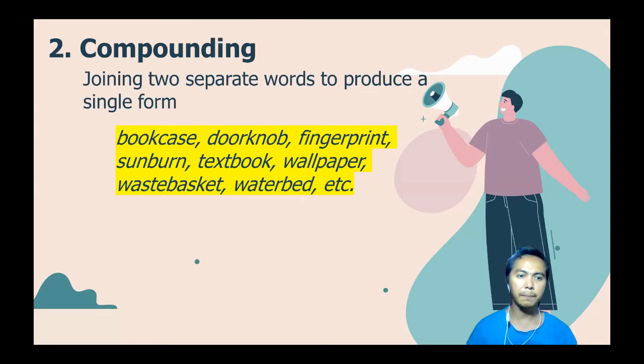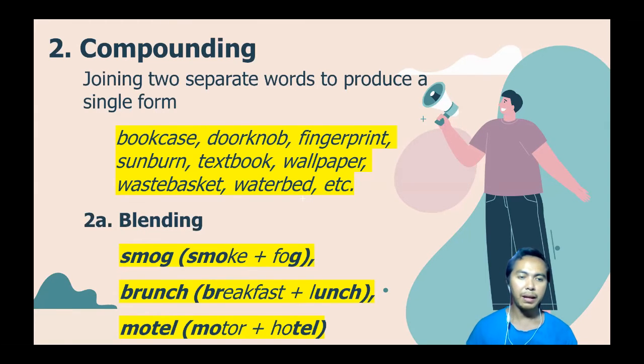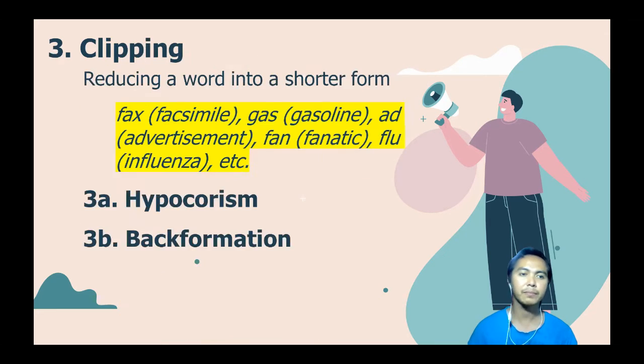Next is blending. With blending, you combine two parts of two words, but you clip them and drop one part of those words and you join them. So smog is a combination of smoke plus fog. Brunch is a combination of breakfast and lunch, and motel and so on.